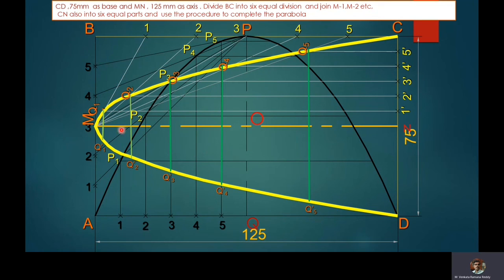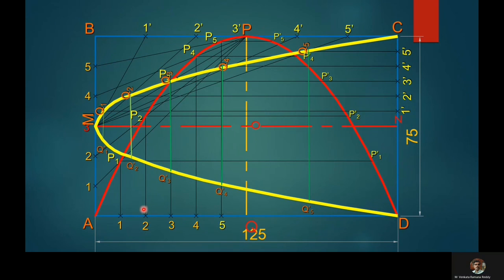The smooth curve is a parabola. Now this parabola's axis MN and the earlier parabola's axis PQ are bisecting each other at a particular point O. This is the solution for the given problem, that is, for the first parabola the axis PQ and for the second parabola the axis MN are bisecting each other at a point O.